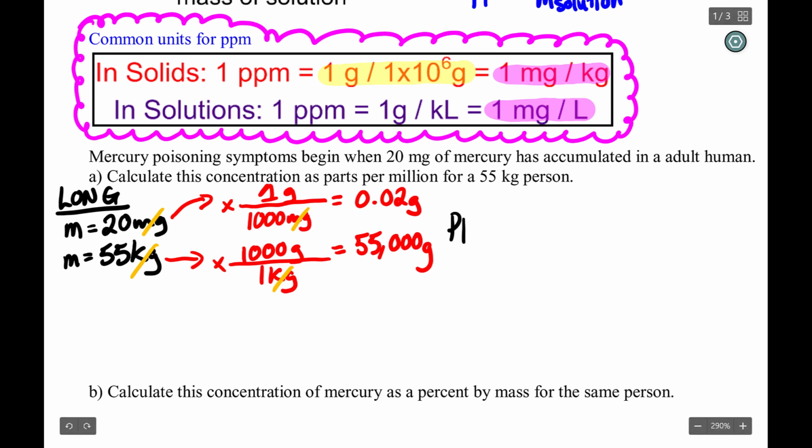Now that I'm in the same unit, I can plug these into an equation. Parts per million is equal to the mass of the solute over the mass of the solution, which would be the human, times 10 to the power of 6 ppm.